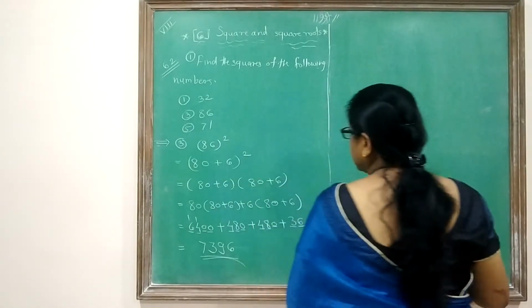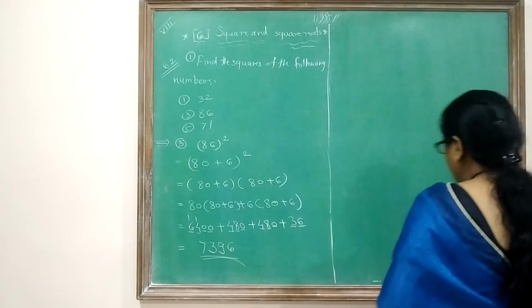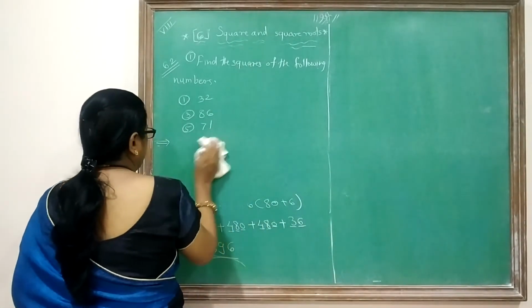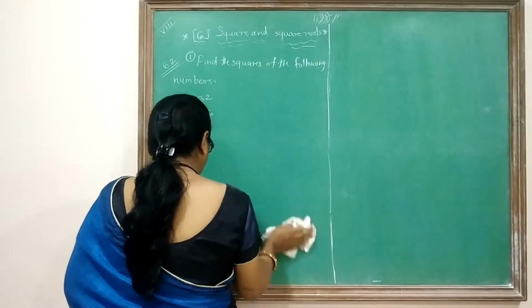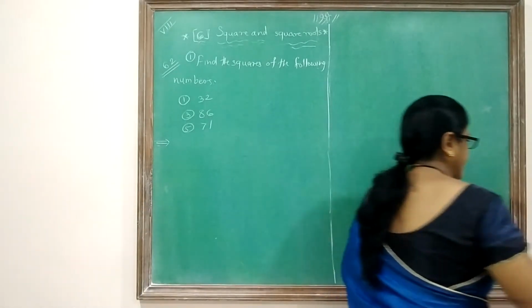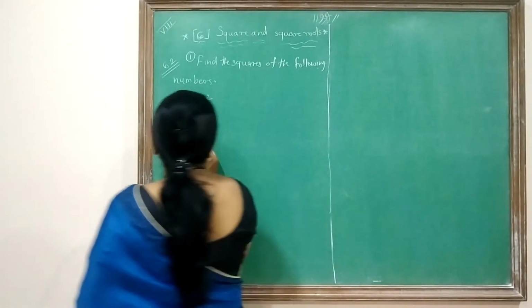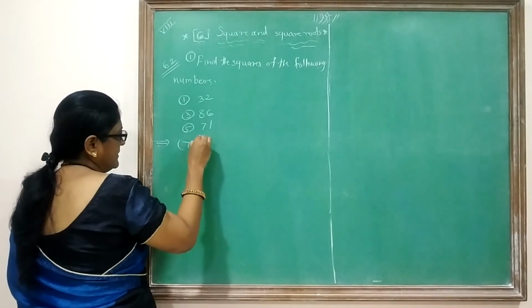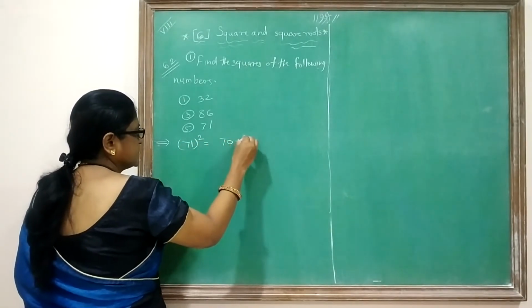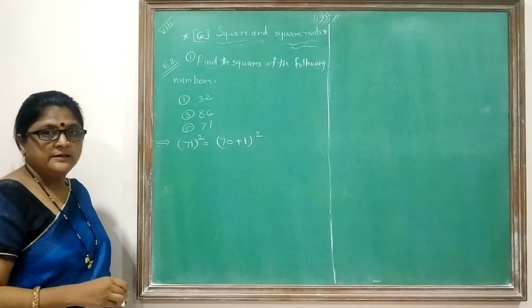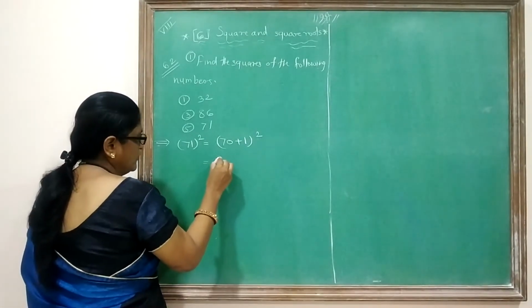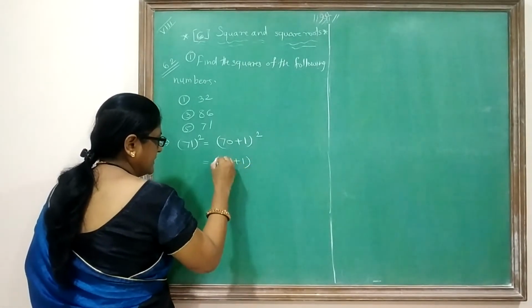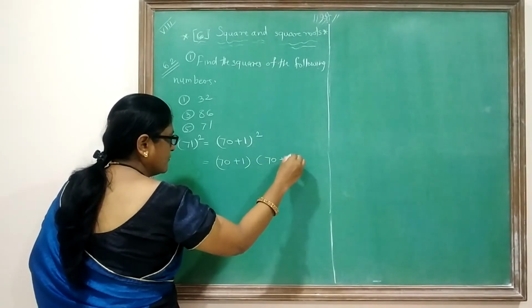Then see your next example, that is (71)². (71)² is equal to (70 plus 1)². Again you will write 2 times, that is (70 plus 1) and (70 plus 1).